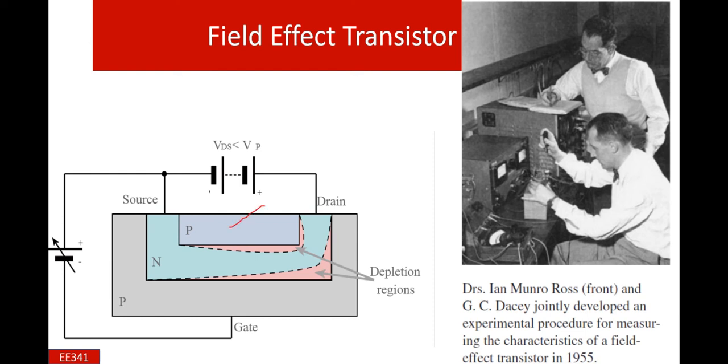This P and this P are connected, P for positive, and this is the drain, and this is the source, and definitely this is the negative. In the next portion, there are some depletion regions formed by applying potentials, and there are a lot of figures and diagrams which can be found and explained on the internet.